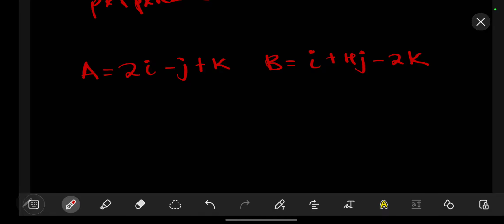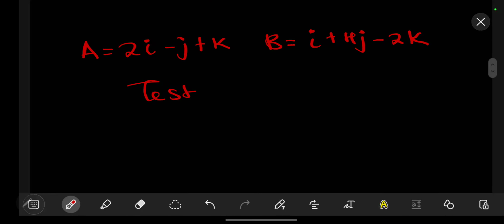Let's try another one. Let's say we have this. Let's also test whether they are perpendicular. So you're going to say your a dot b should be equal to 0 if they are perpendicular.